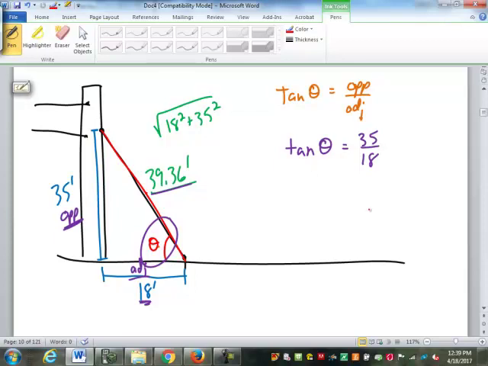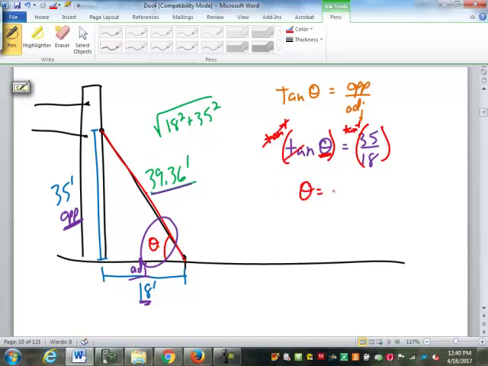But when I'm missing an angle, I have to do what? I have to do an inverse trig function. What I'm solving for is inside the tangent, so I have to get rid of the tangent by doing an inverse tangent on both sides.